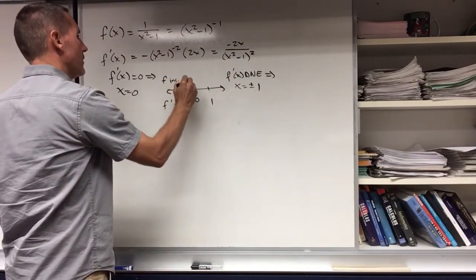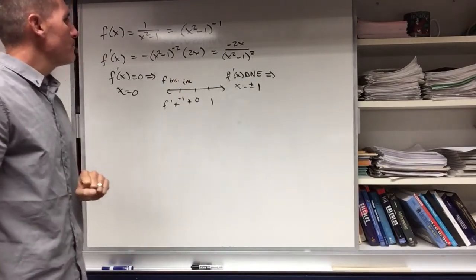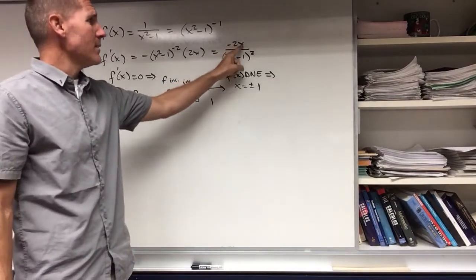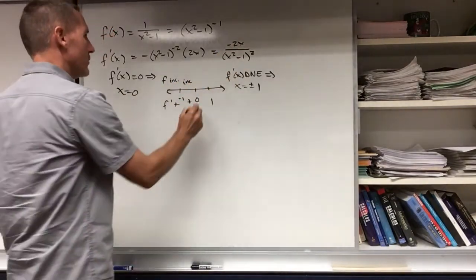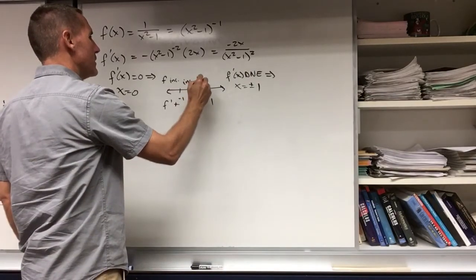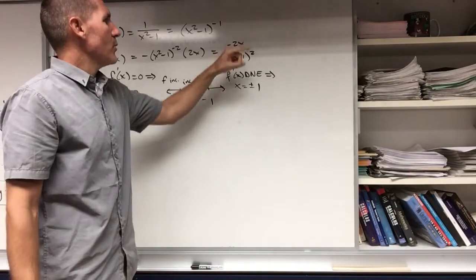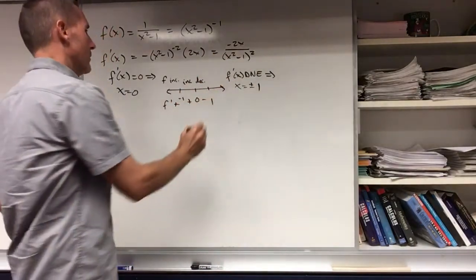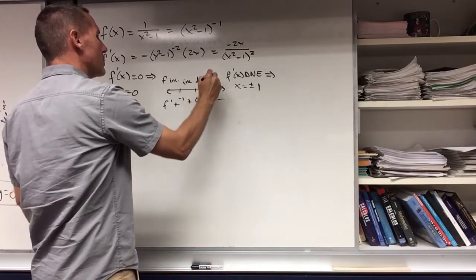F prime is positive, so f is increasing. I plug in something like positive 1/2. Then the numerator is negative, denominator is still positive, so this is negative, which means that f is decreasing. And I plug in something like 5, numerator is negative, denominator is still positive, so the derivative is going to be negative, so f will be decreasing.